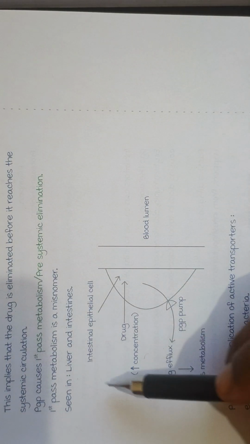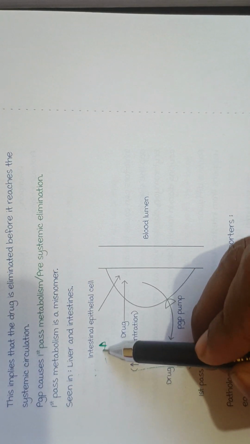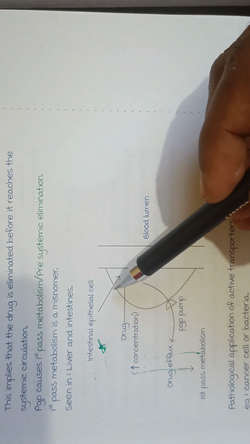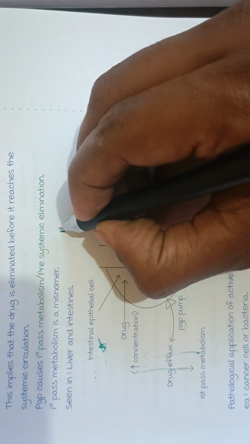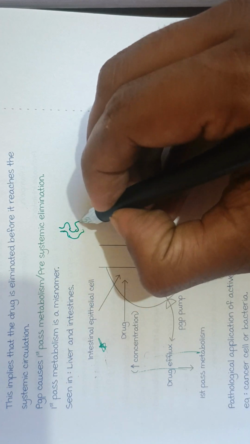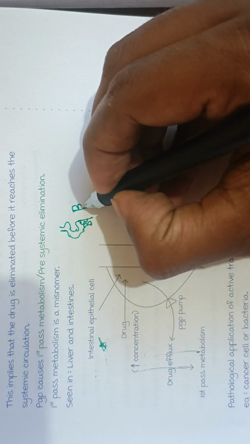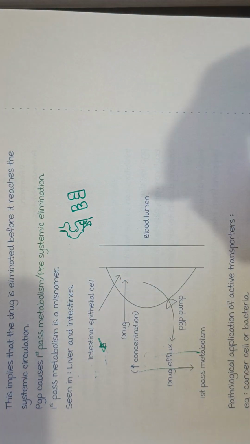the drug enters into the lumen, okay, this is the lumen. Now you have a drug here, you took the drug, it is here. This is the intestinal epithelial cells. You have an intestine here, and these are the cells.